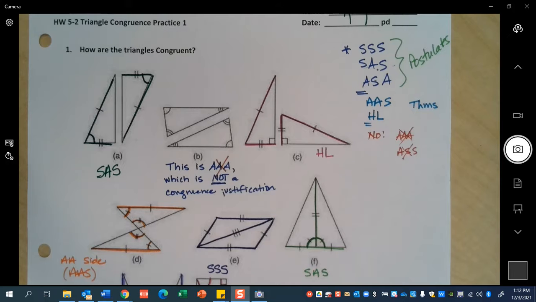And then what if we said that this was a right angle and I had two sides and a right angle? I know I'm not allowed to do angle side side, but if that angle's a right angle, I could use the Pythagorean theorem to find the third side, and then I've got side side side congruence. So can we call this one hypotenuse leg for my right triangle? And he said yes.